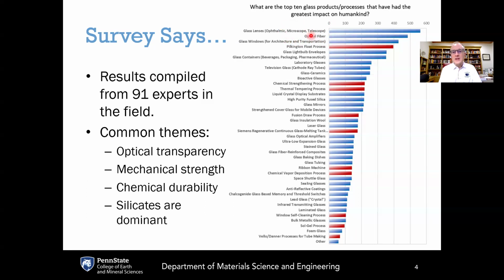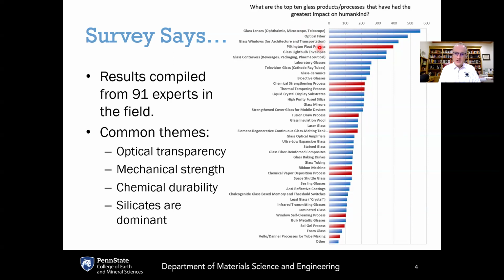So, it's very easy to see how critical all of these inventions have been to bring humanity to where it is today. Now, the next most important one that's listed here, that's shown in red because it's a process rather than a product, is the Pilkington float process. This is the process that was invented by Sir Alastair Pilkington at Pilkington Brothers in the UK back in the 1950s, by which flat glass is made today.